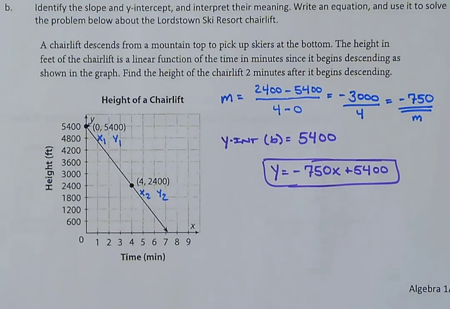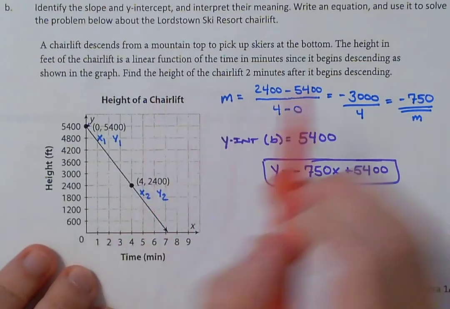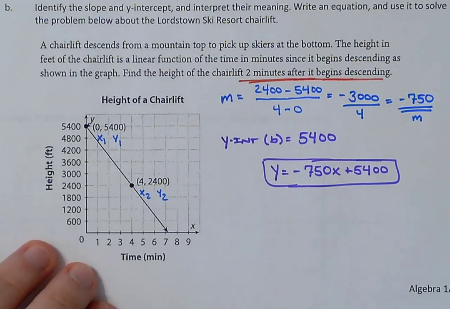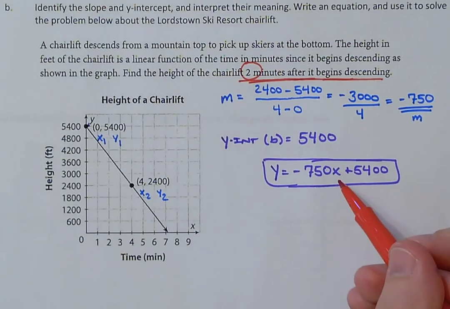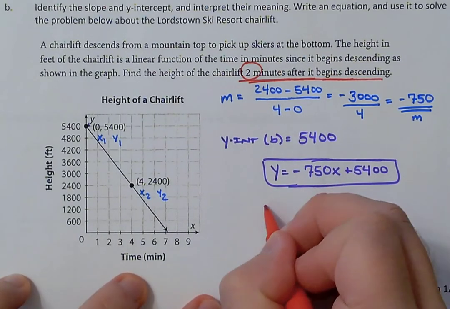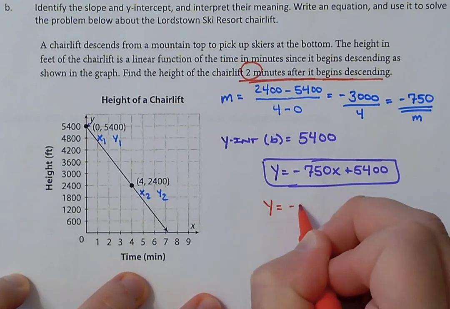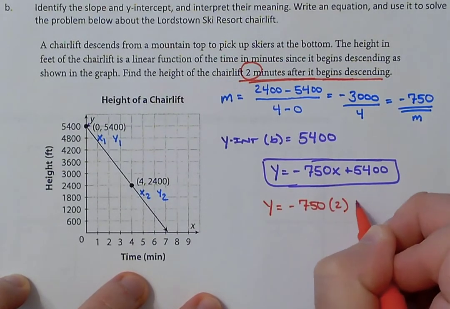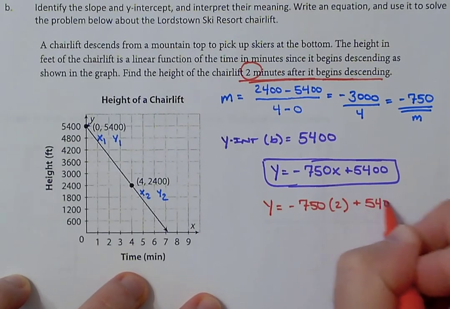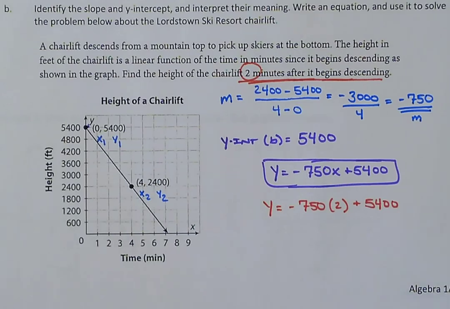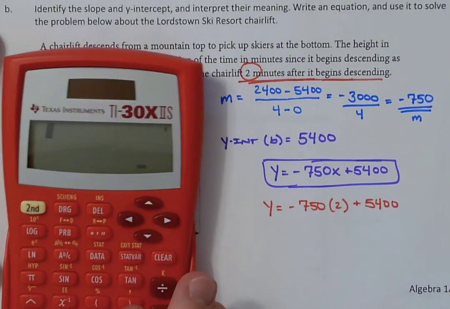The second part is we need to figure out the height of the chairlift 2 minutes after it begins descending. So that means I'm going to take this 2 and plug it in for x and figure out what y equals. So we have y equals negative 750 times 2 plus 5,400. We're going to use our handy dandy calculator again.